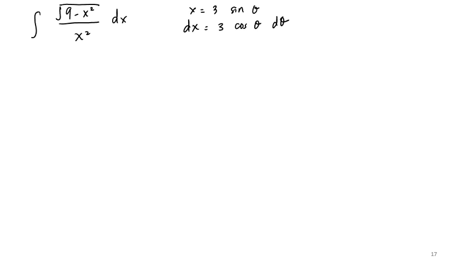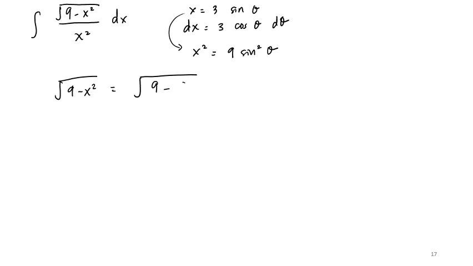Okay, so when x equals 3 sine theta, then x squared equals 9 sine squared theta. Thus, this 9 minus x squared will be equal to 9 minus 9 sine squared theta, and simplify that.